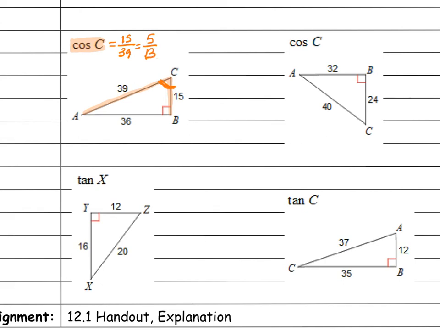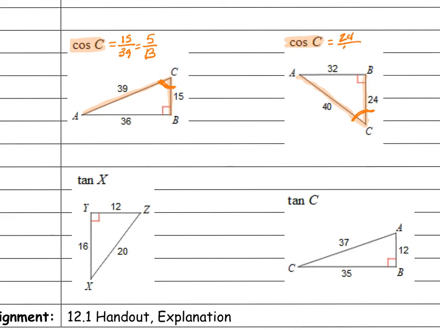Okay, so again, it looks like we're finding cosine of angle C. So angle C is here. And I know cosine makes the angle that I'm looking at, the 2 sides that make that angle. So it's looking at that one and this one. Okay, so the side adjacent would be 24.